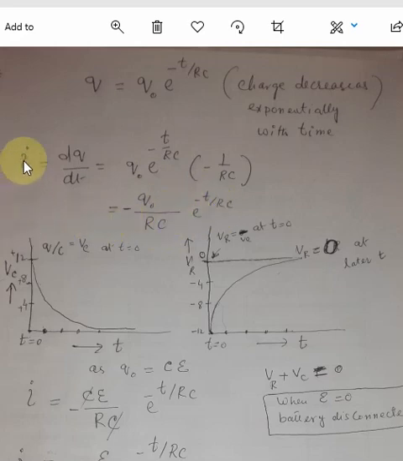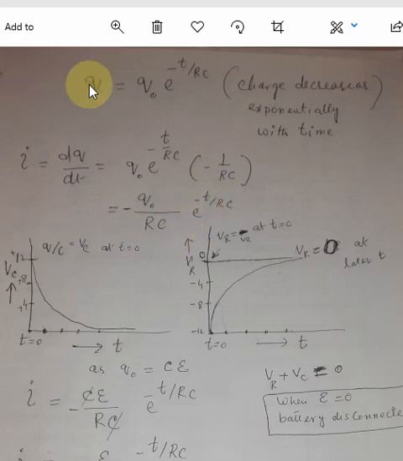This is the value of the current, and since this thing is constant, this current also decreases exponentially with time.